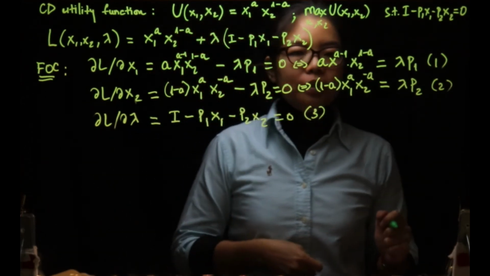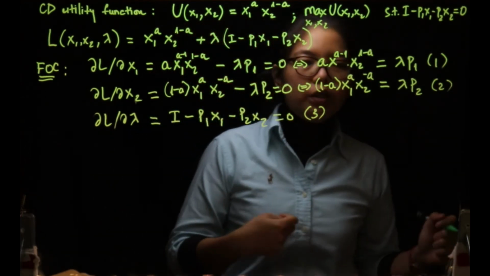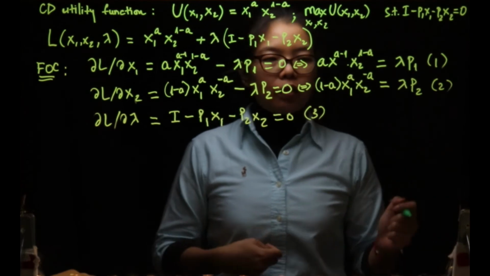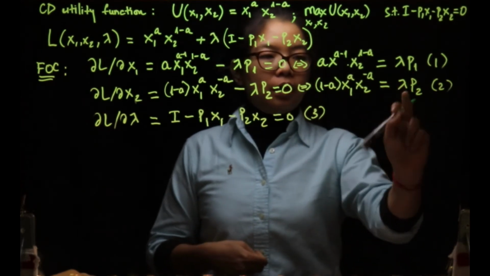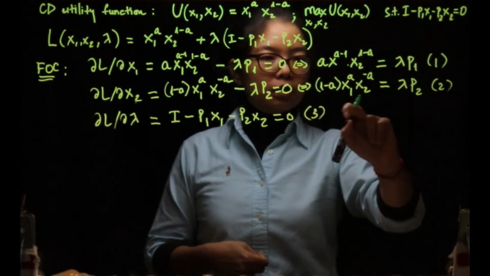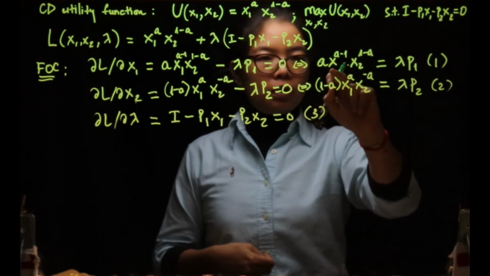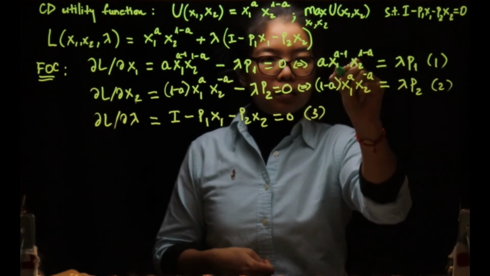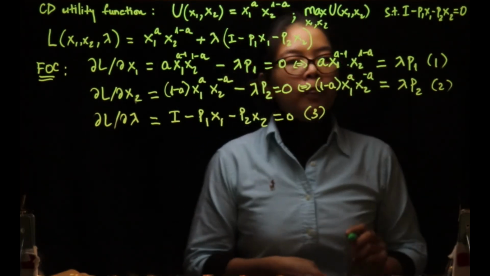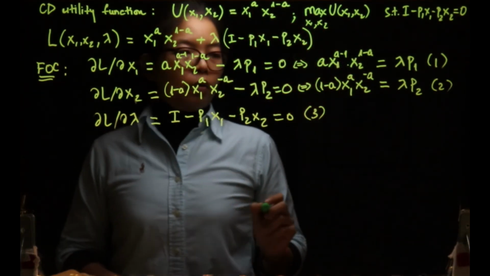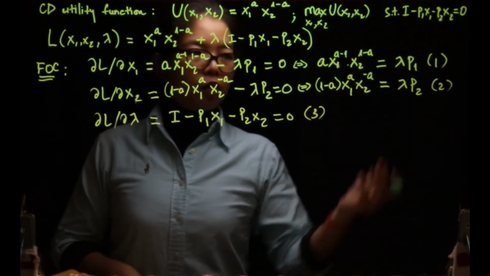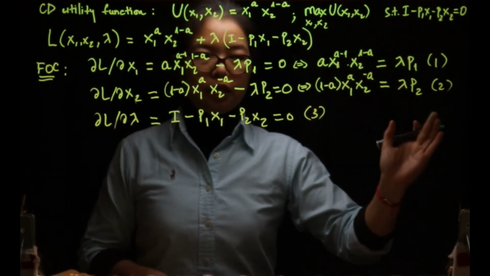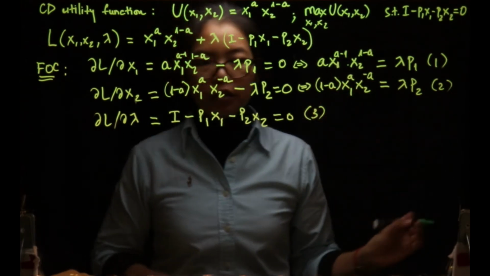Solving it means we will simplify and rearrange it so that at the end we get a result, the optimum number of x1 and x2, which are functions of only the constant parameters, not other variables.